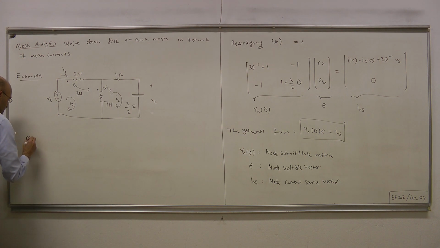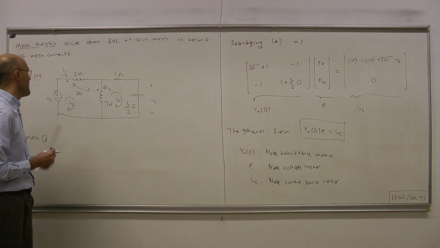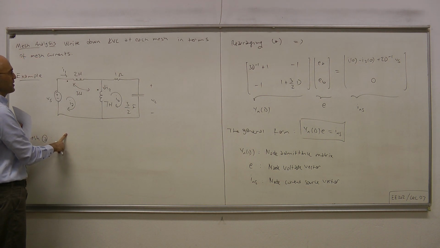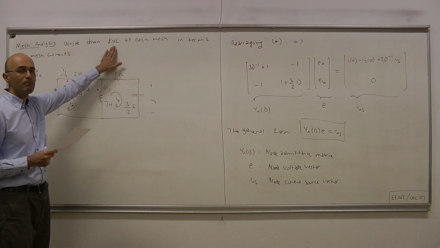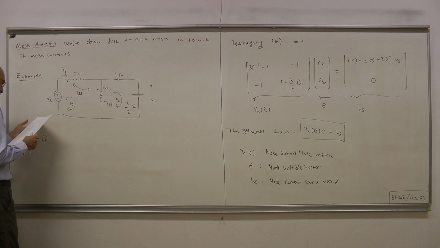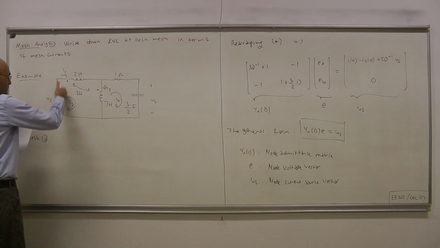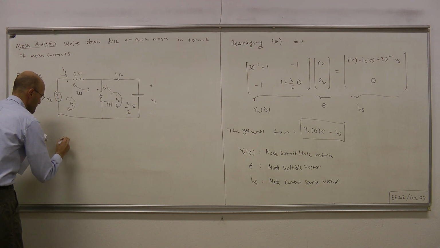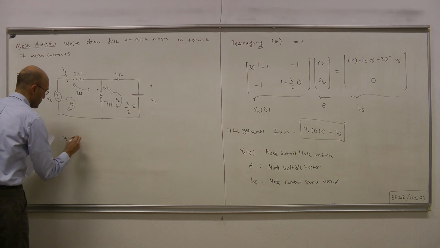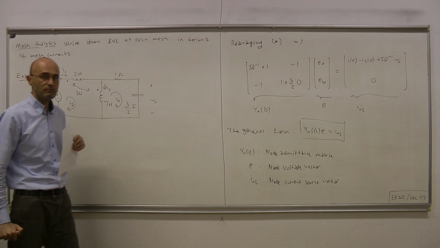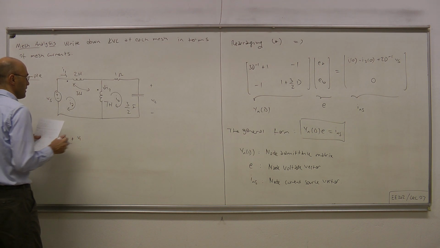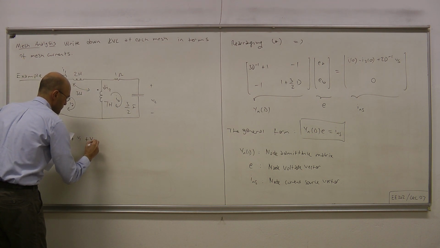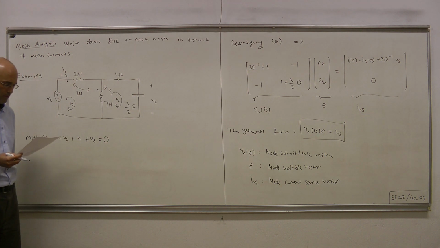So let's write voltage equations at each mesh. Mesh A has 3 branches associated with it, therefore the sum of those 3 voltages must equal 0 by KVL. Starting from this point, going clockwise, minus Vs plus the voltage of the first coil, V1, plus the voltage of the second coil, V2, and by KVL that must equal 0.